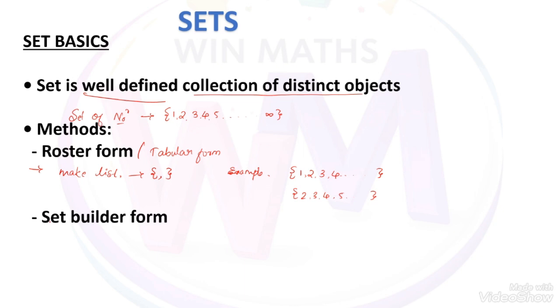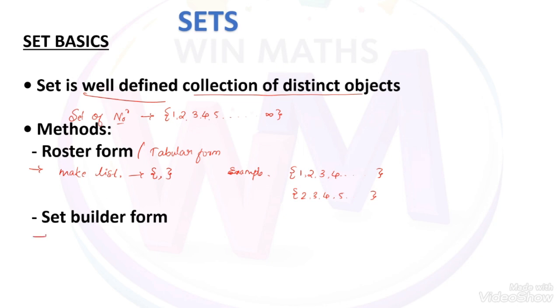So all objects can be taken simply as x, a variable x, followed by a semicolon. After the semicolon, we write the characteristic property possessed by the elements, that is, the rule or relation of all the elements.